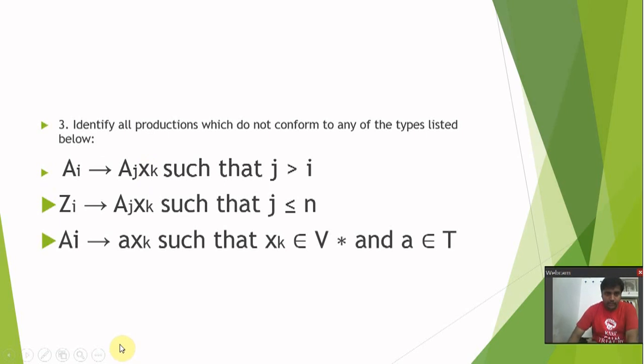The third part of the algorithm stated that we have to check if any of the productions do not follow these three rules, which are basically: if the right side of the production has any subscript whose value is less than that of the left side, then we have a problem and we have to change it. Similarly, we have to do it even when the non-terminal symbols on the left side and the right side are different.